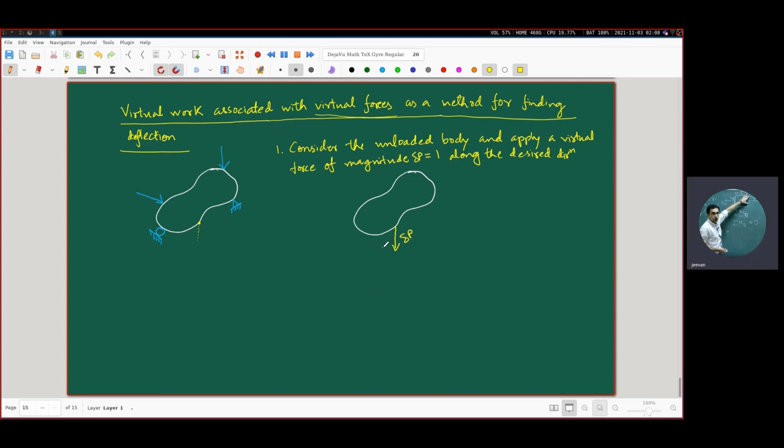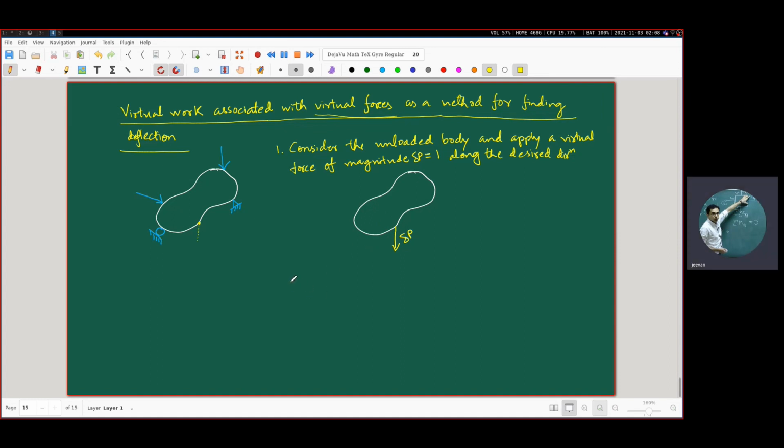Now you understand that when we are applying this force, no other force is there. This force is going to induce a distribution of internal forces all throughout this general body.